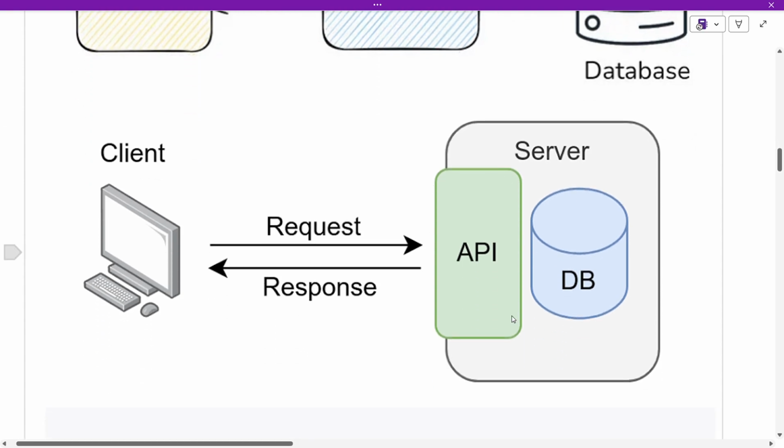On the server, we are going to have some sort of software, which is the API. The API is going to manage the request. The client needs to be aware of the API of the server, because the API won't accept any request in any format. The API expects the requests to be in a specific format.